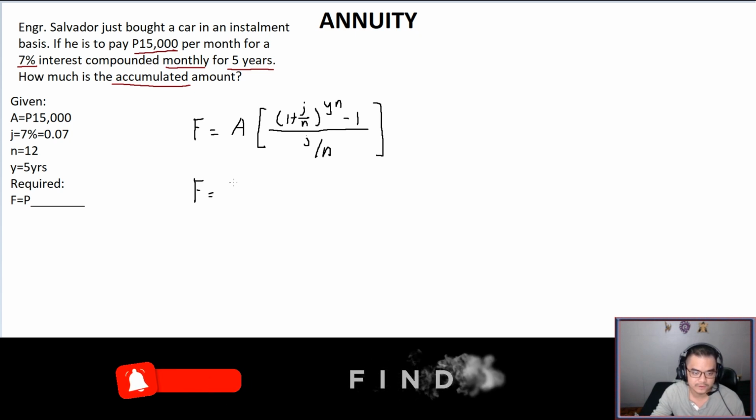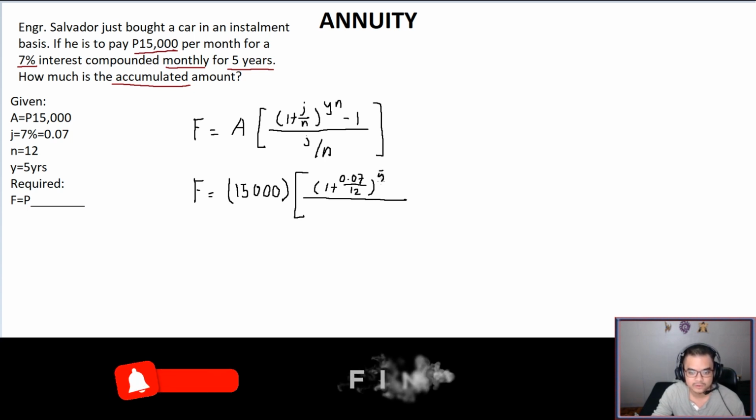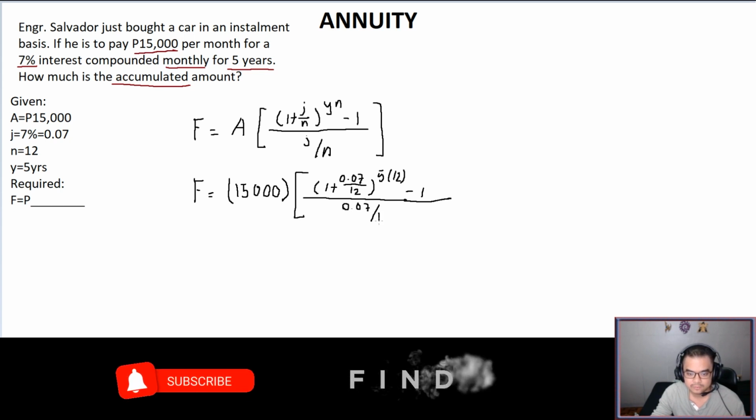Inputting the values, your A will be 15,000 times 1 plus your J, which is 0.07, all over monthly, so n must be 12, and y is equal to 5 years, so n times y is 12 times 5, minus 1. And then j over n again is 0.07 over 12.